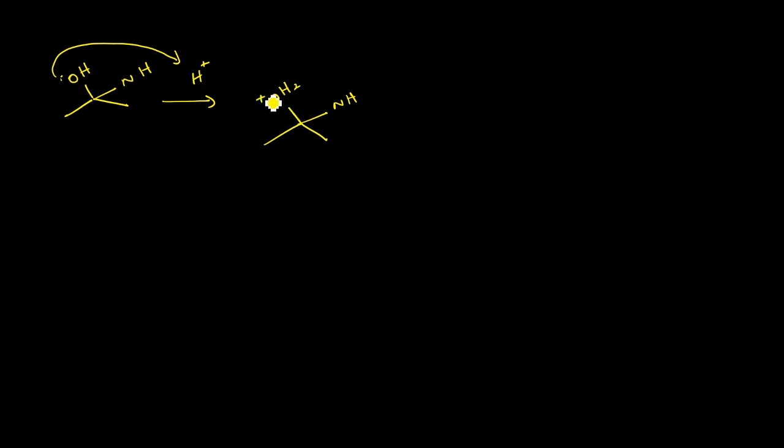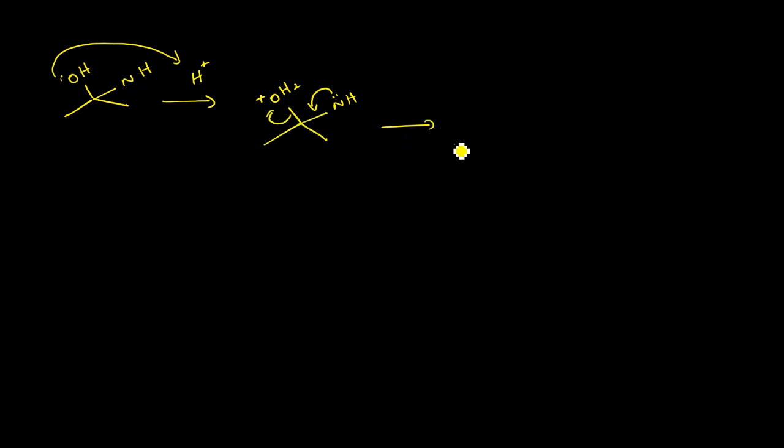Now you can see the oxygen has a positive charge, so it will do a certain reaction to go off from this particular structure. This nitrogen can donate its electron density towards here, and that will result in breaking this bond.